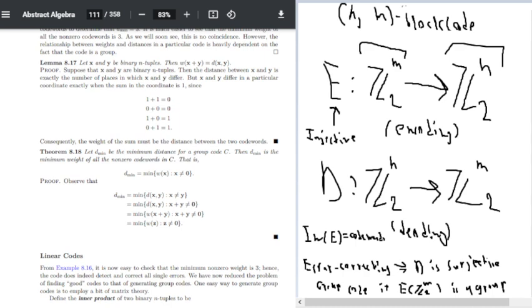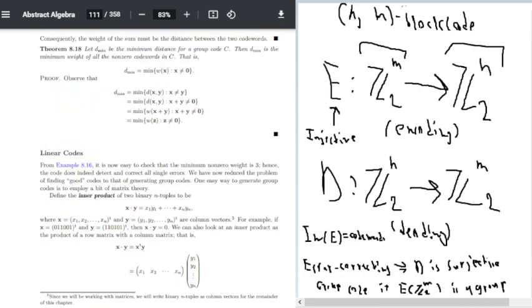Observe that d-min is equal to the minimum of d(x, y) where x not equal to y, which is equal to the minimum of d(x, y) with x + y not equal to 0, which is equal to the minimum of w(x + y) where x + y not equal to 0, which is the minimum of w(z) with z not equal to 0. Since x + y will always just be some z, and any other valid such z will just be some x + y, because we have a group.